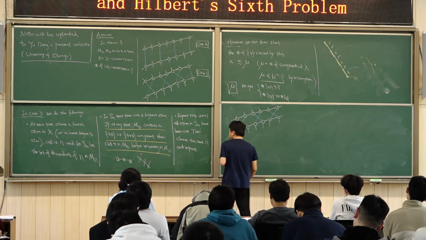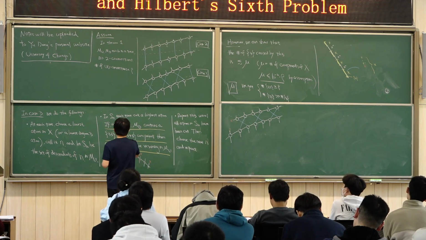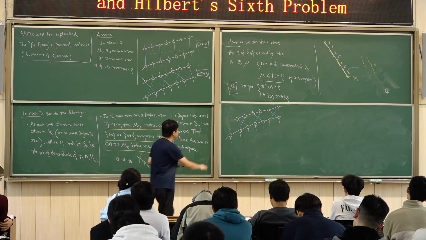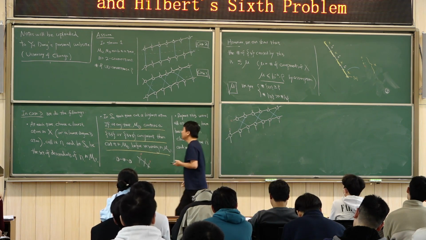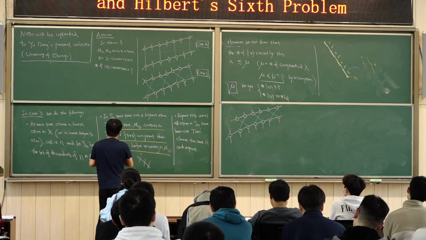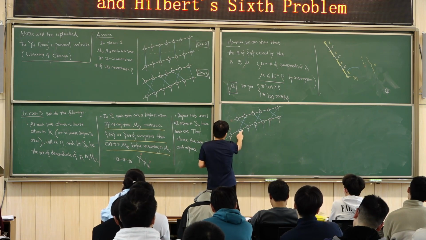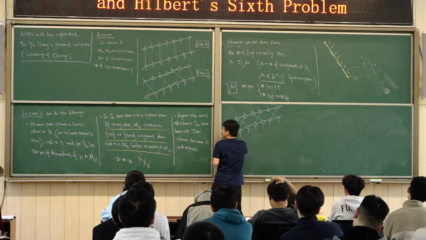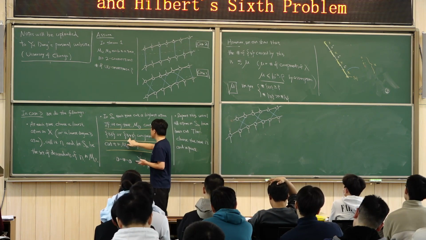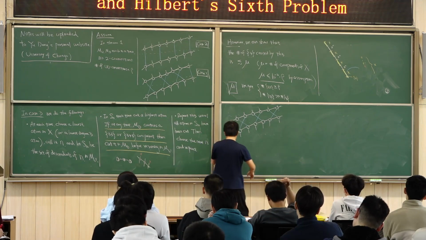Every time we keep track of what happens in MD in the lower layer. Otherwise we just keep cutting the lowest. In this case, this is degree 3 and everything else is still degree 4, so there is no such structure. So then we keep cutting next.